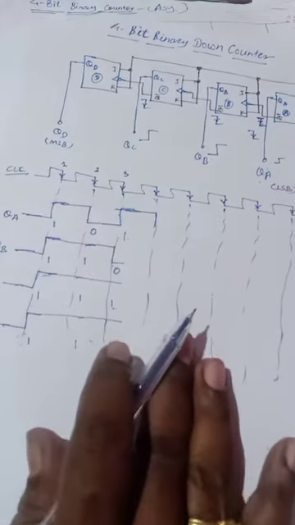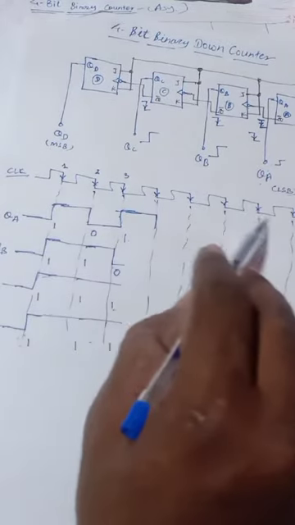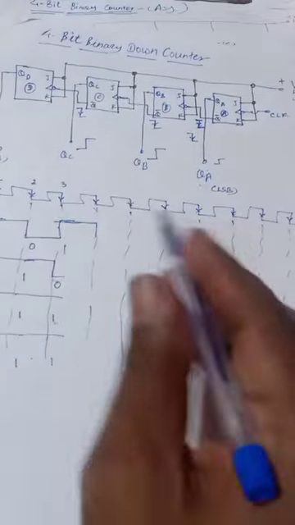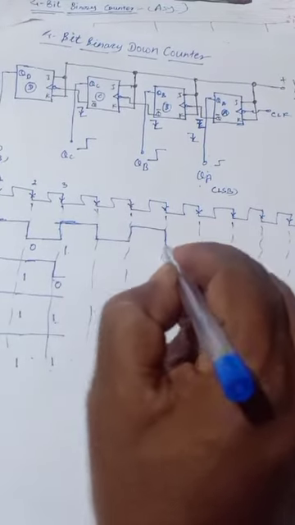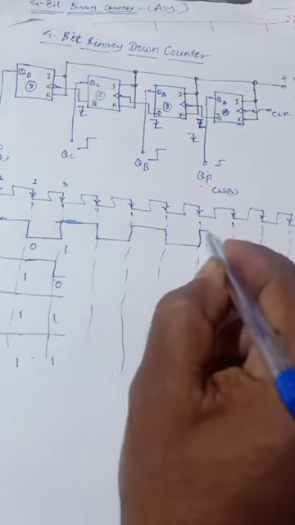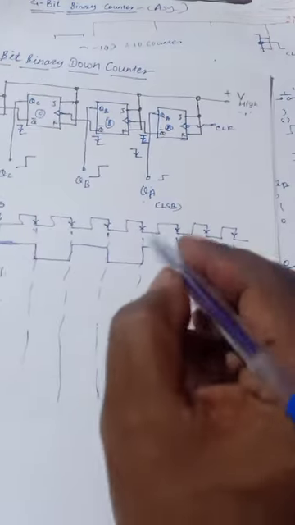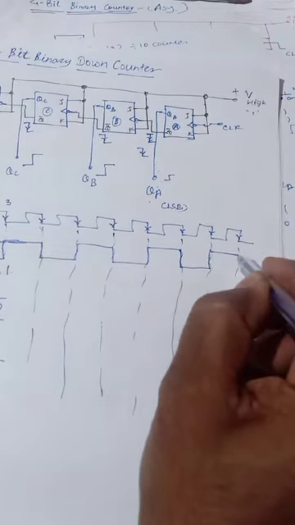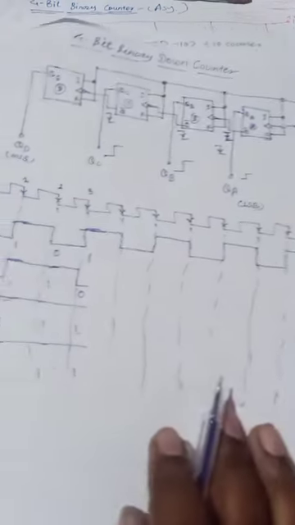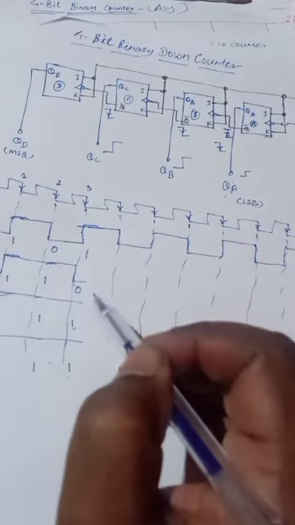Now if you see here, at the arrival of each falling edge, QA toggles. So you just have to mark the rising edge.